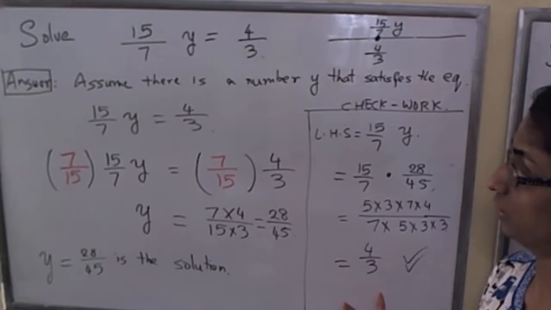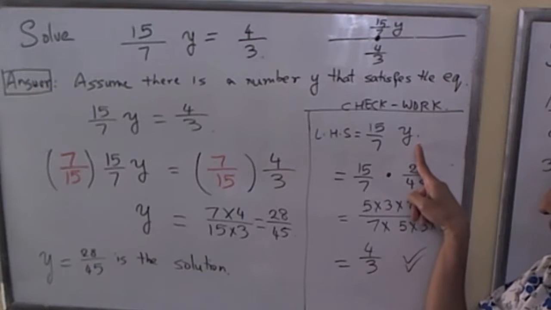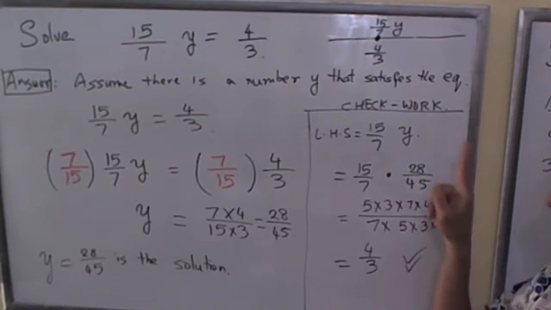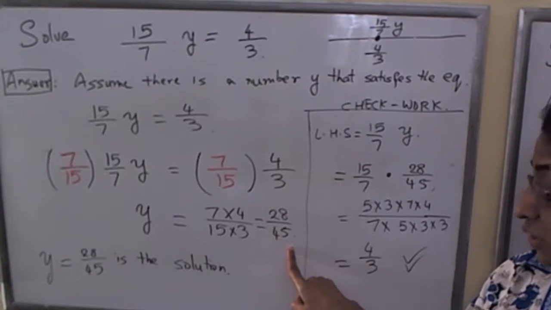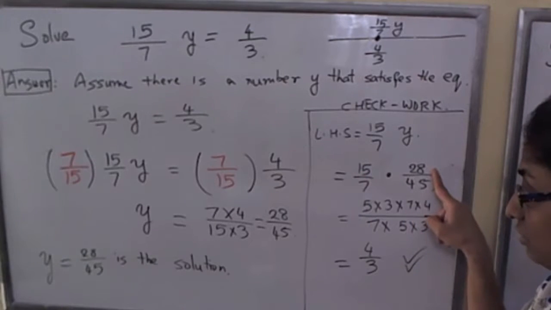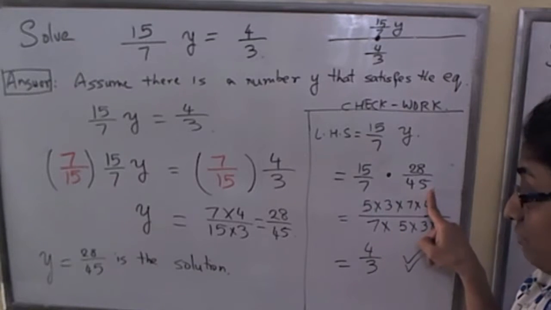I proceed as follows. I write the left hand side, which is 15 over 7y. I use an equality sign, and in the next step, I put in for y what I think is a solution, 28 over 45. Notice I do not multiply 15 times 28 out or 7 times 45.